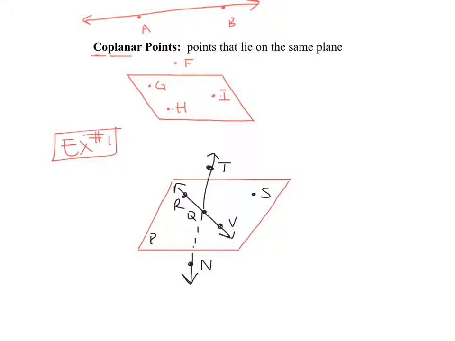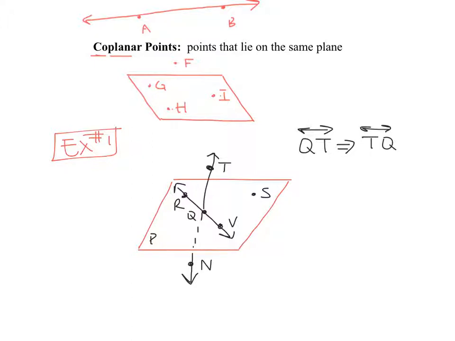So if this is our setup, can you tell me another way that we could name the line QT? So if I have line QT, can you tell me another way to name that? You can name it TQ, okay? Is there another way? TN, right?